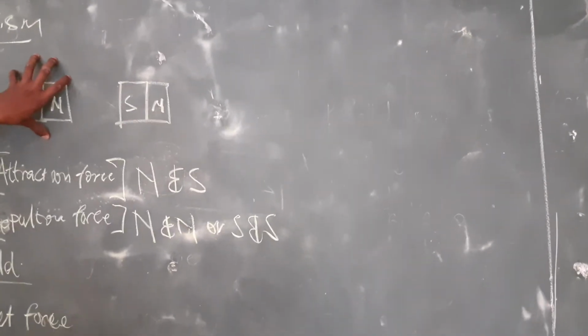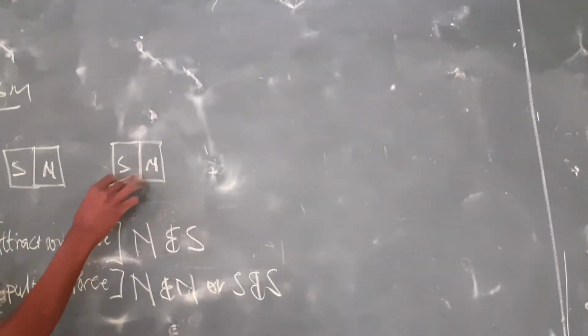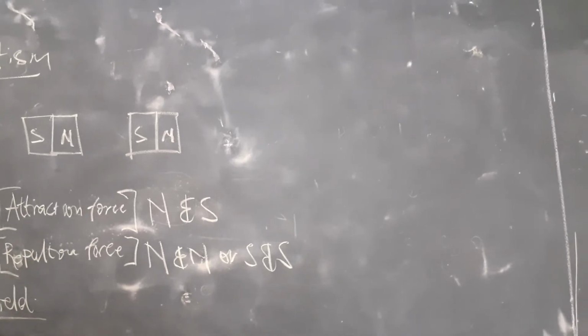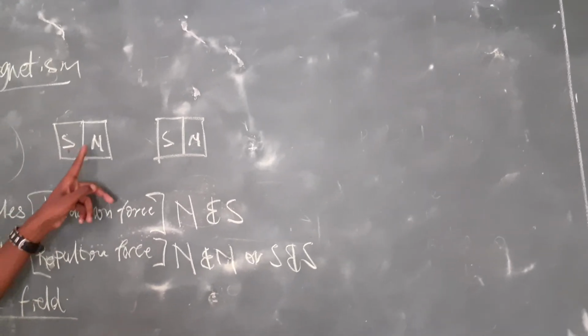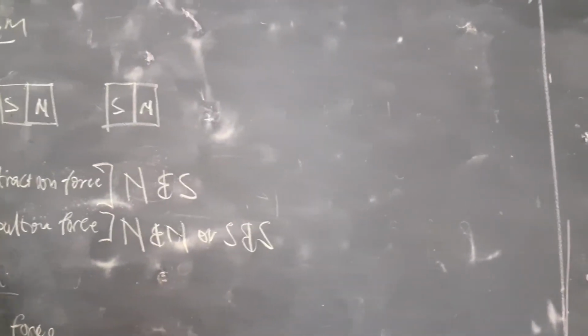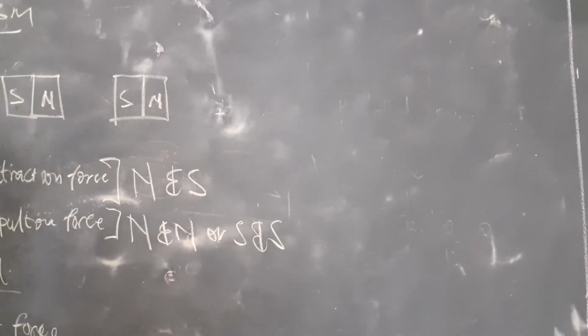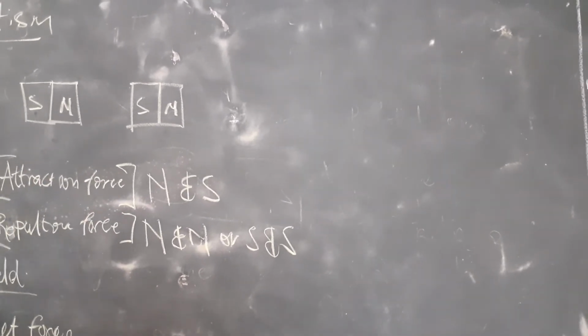This is a bar magnet, and this is a bar magnet. Something you need to understand is that as long as here is south, here is north. If I were to take this magnet and split it into two parts, the magnet will create another south, and then another north, so that it can still operate the same way as it used to.